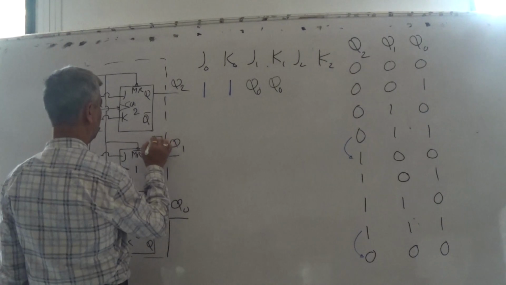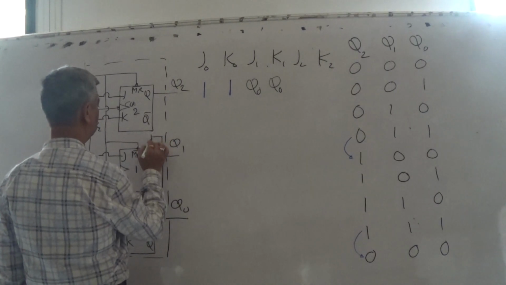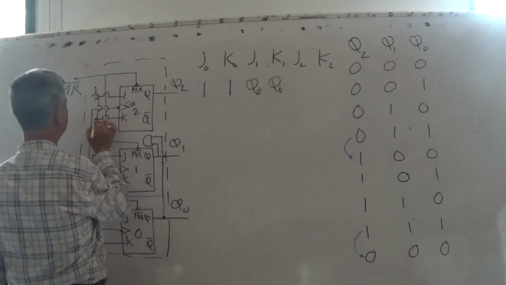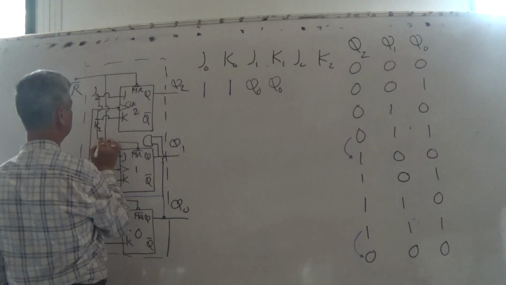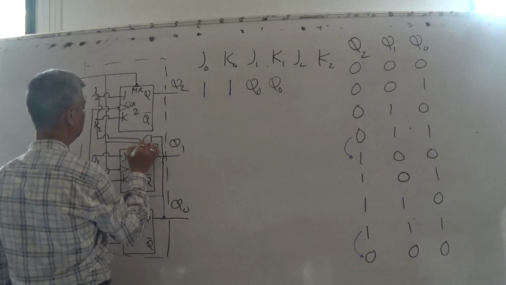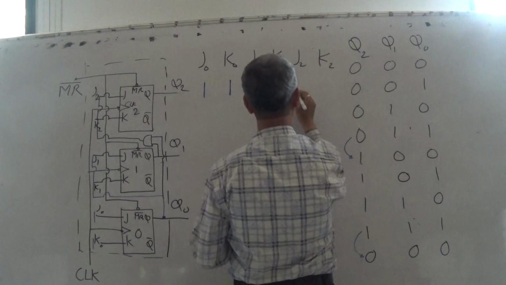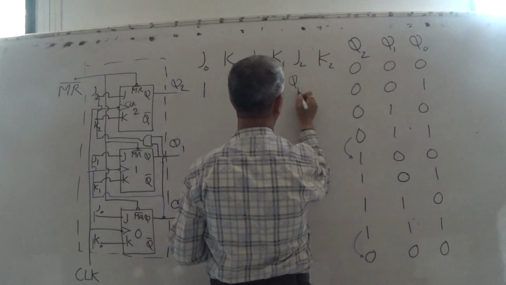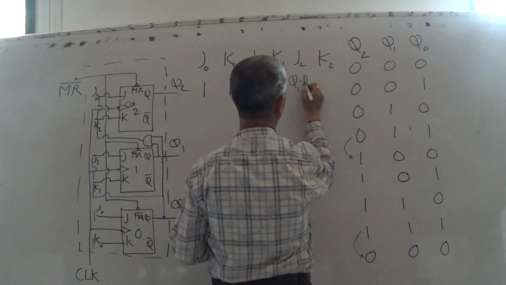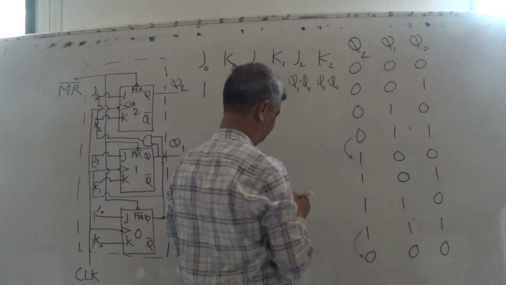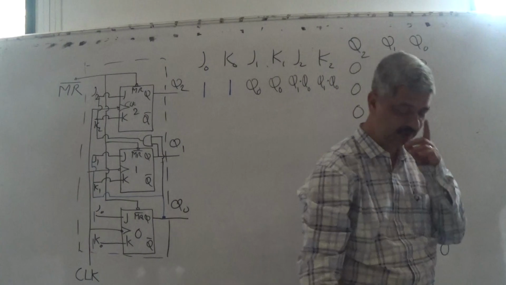I should have an AND gate, and this I should connect. So what is J2 and K2? I can write here as Q1 dot Q0. Q1 dot Q0. This is J2 and K2.